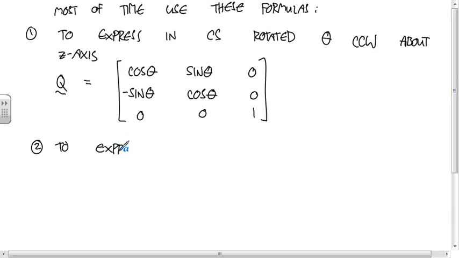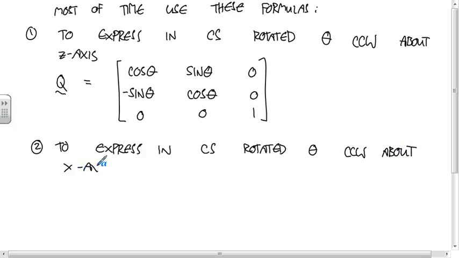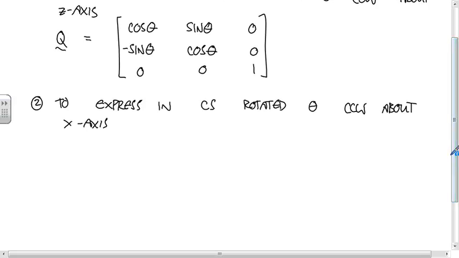To express in a coordinate system rotated theta degrees counterclockwise about the x-axis, Q is equal to 1, 0, 0.